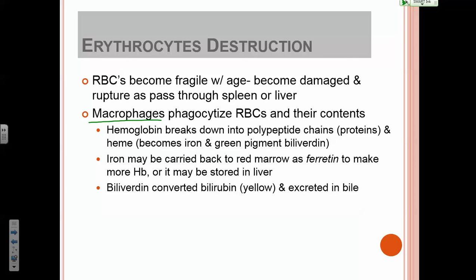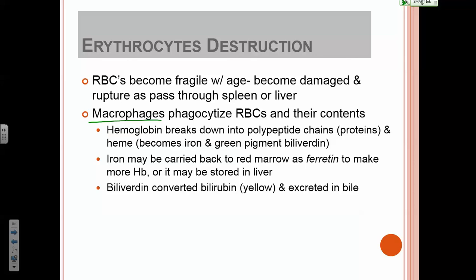And so you have got to have a way to take care of these old, broken down, destroyed red blood cells because you don't want them to just accumulate in your body. They've got to be processed. Parts of them are recycled, parts are not, and you get rid of it.